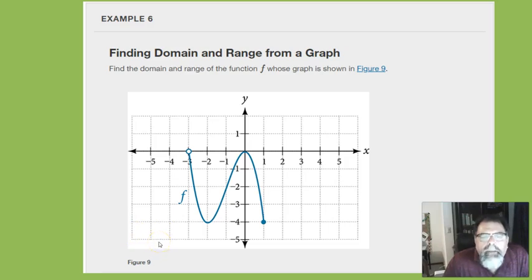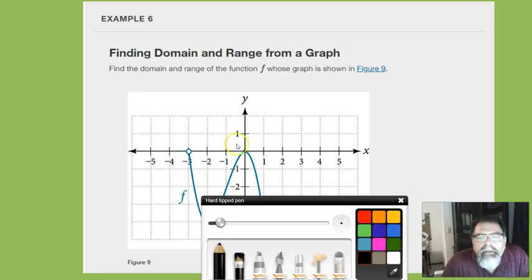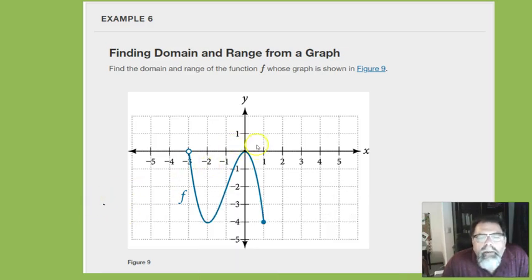Okay, so our domain, now notice this one, it's an open circle, so it doesn't hit 0, but this looks like it hits 0. It's hard to tell on there, but it looks like it hits 0 there. So the range is going to be from -4 to 0, right?